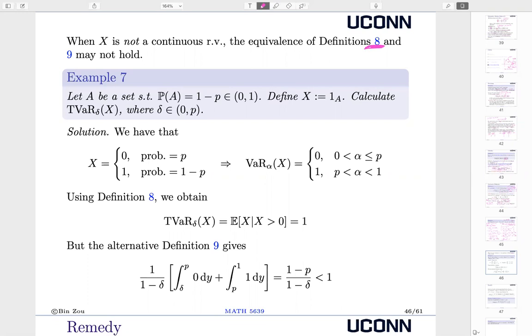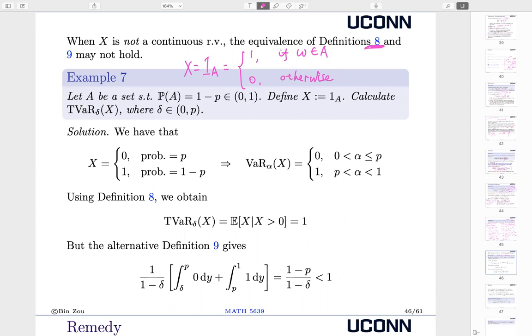Let A be a set such that the probability of this set is 1 minus p. Let's define a special random variable that is either 0 or 1. Basically, it is 1 if something in A happens, otherwise 0. If you think of a coin, you can let A be tail.